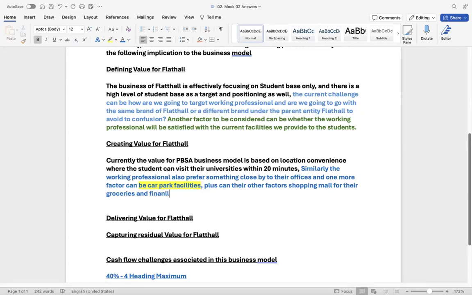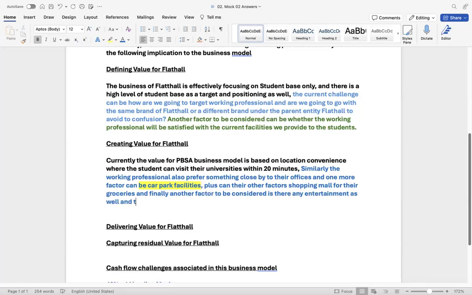And finally, another factor to be considered is there any entertainment as well, and the rules need to be flexible. The rules need to be what, students? Rules need to be liberal.